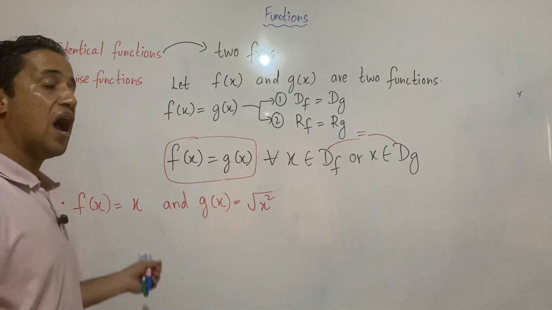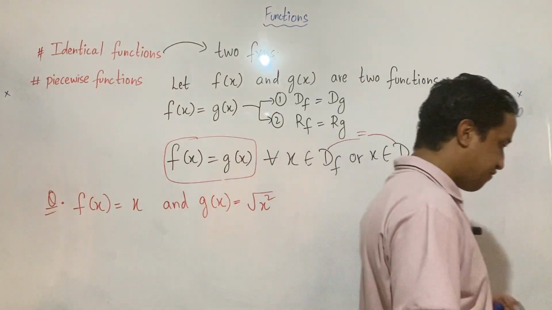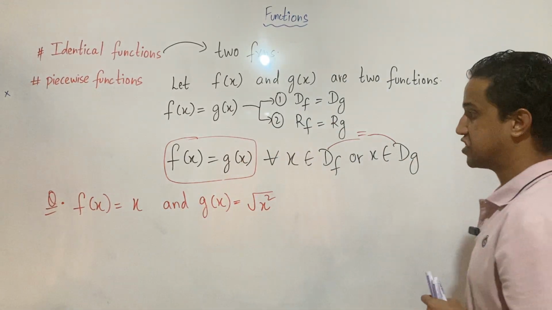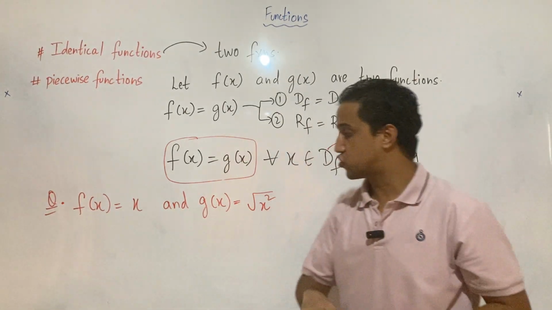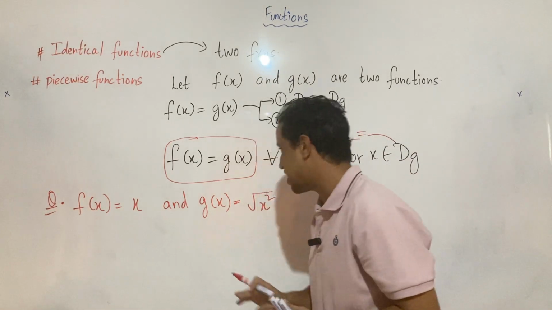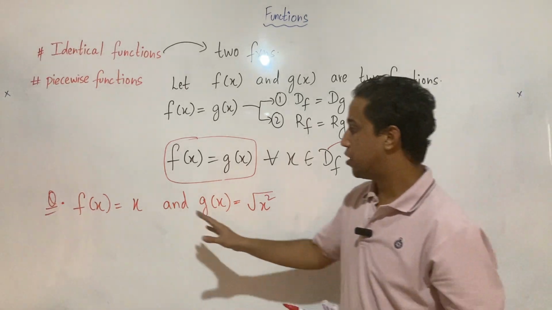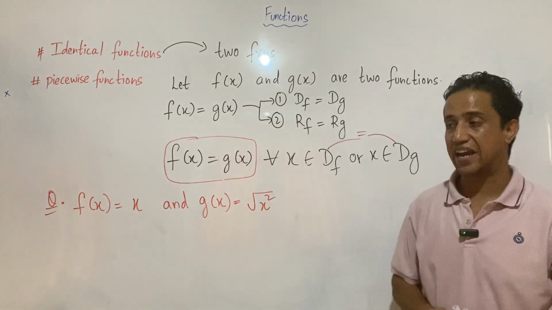Now I have to check if both of them are identical functions, if f(x) is equal to g(x). So I have to check if both of these functions are identical.